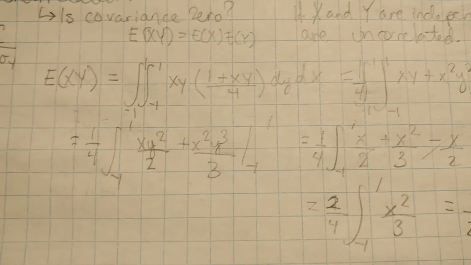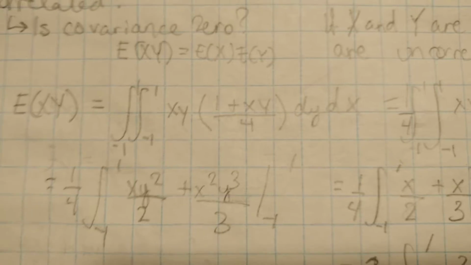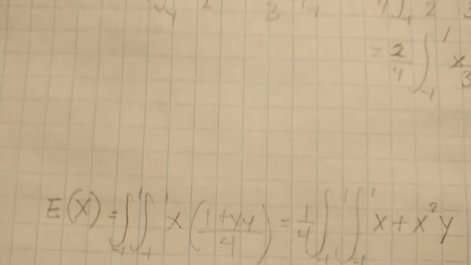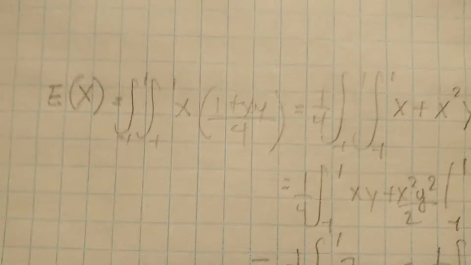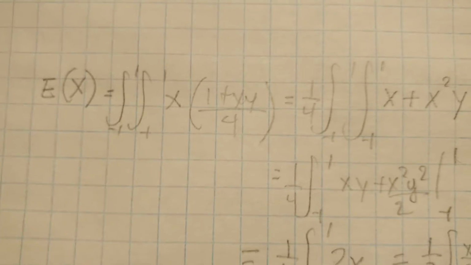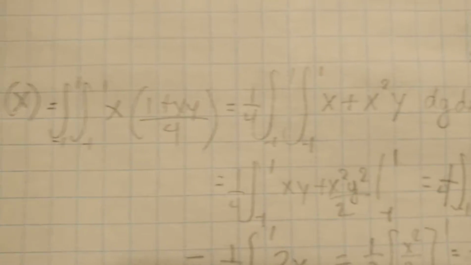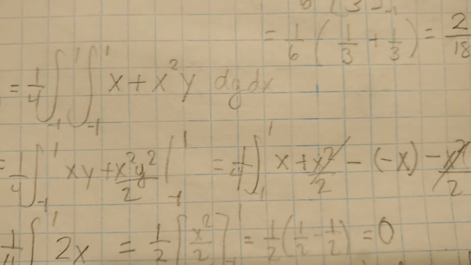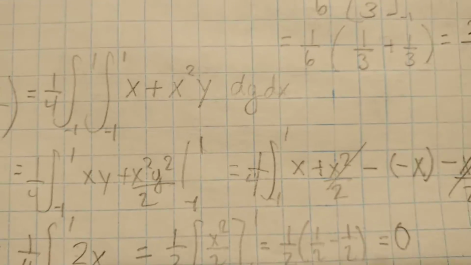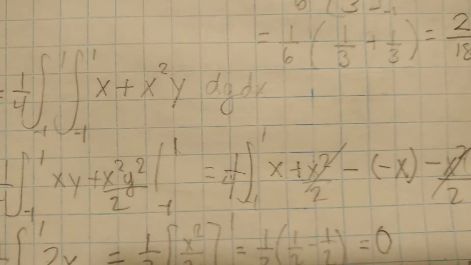Then I want to see if that's equal to the expectation of X times the expectation of Y. So the next step I did was solve for the expectation of X. For this, you only evaluate the function multiplied by x instead of xy. When you solve for that, you actually get 0. There's no point in solving for the expectation of Y, because no matter what, when you multiply them together, you're going to get 0.